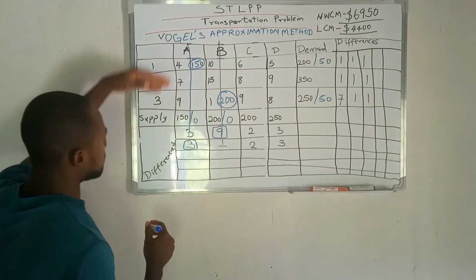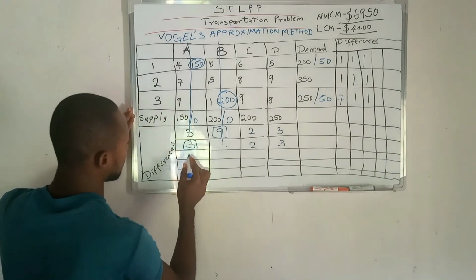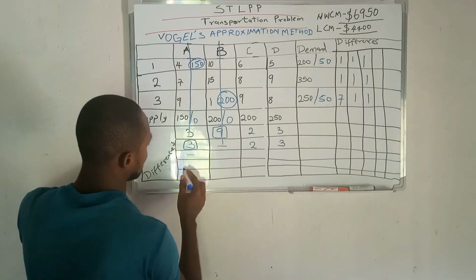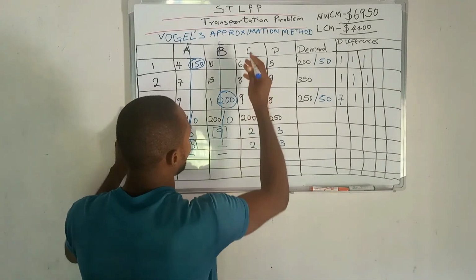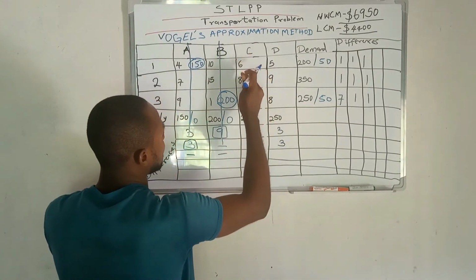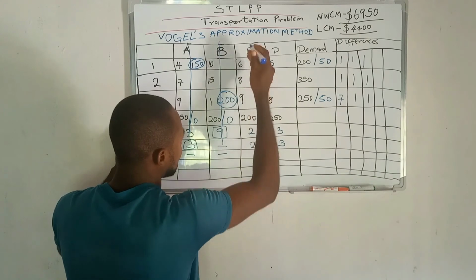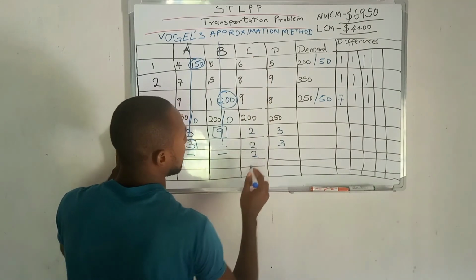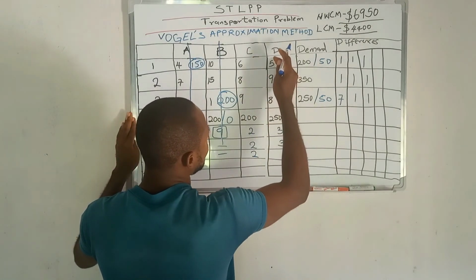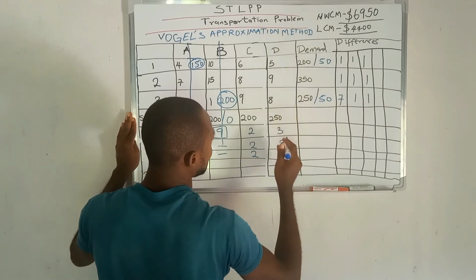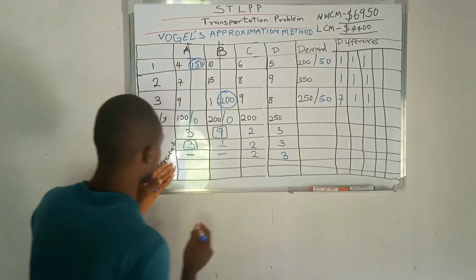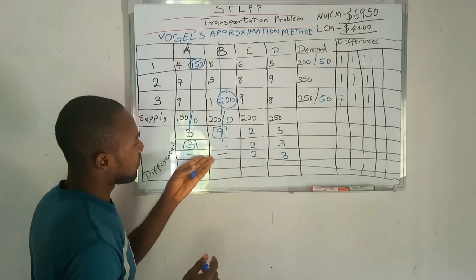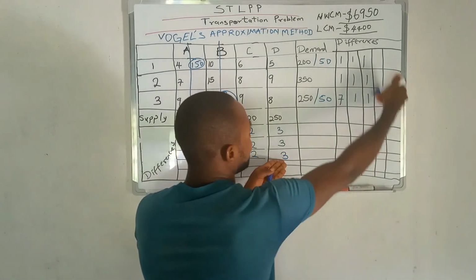So coming to this place, we have already taken out everything that is here, so we don't have to subtract anything here. So I have dash here, the same thing here, and then right here we have 6 minus 8, which is 2. That's the 2 smallest costs, and then right here we have 8 minus 5, which is 3.